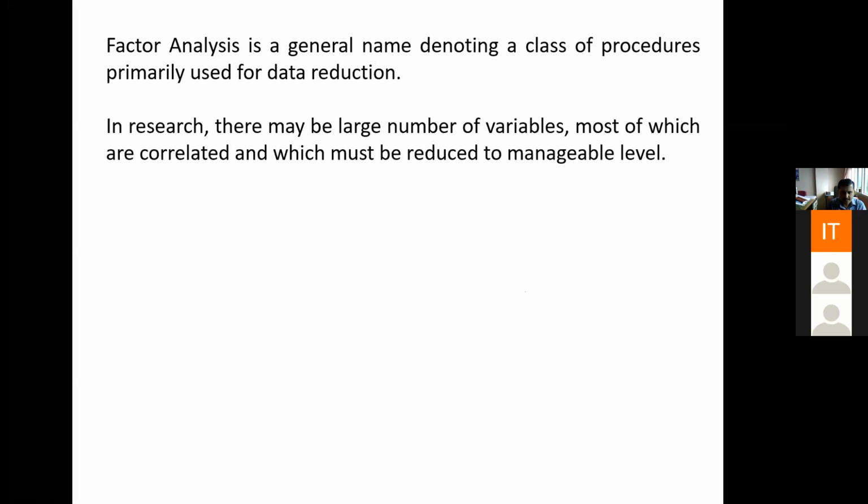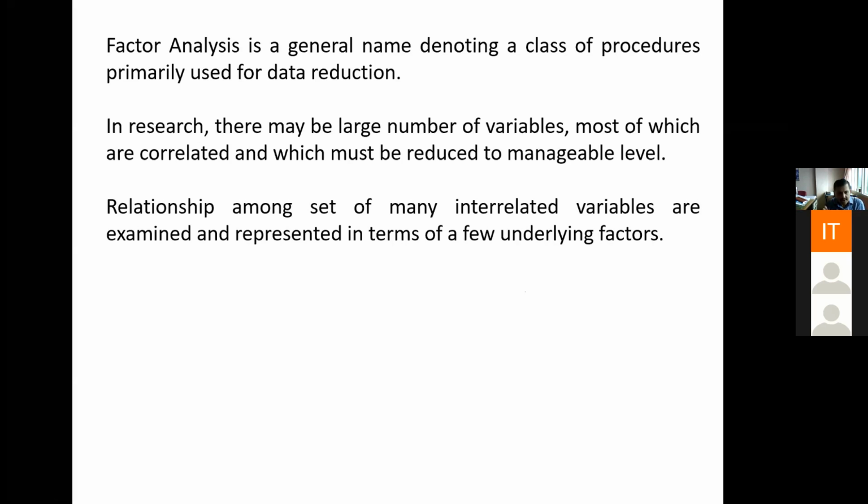So in research, there may be a large number of variables, most of which are correlated and which must be reduced to a manageable level. Relationships among a set of many interrelated variables are examined and represented in terms of a few underlying factors. This was what I was trying to explain: when I asked people what they look for when they go for buying a personal car, there are many preferences.